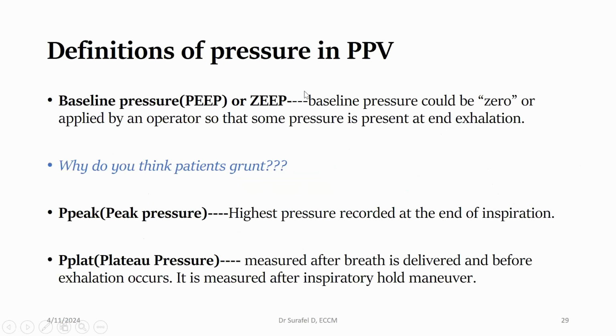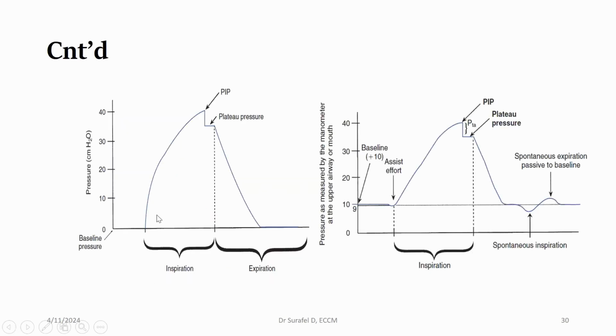Just to tell you the concept. The peak pressure is the highest pressure recorded during inspiration. While the patient is inspiring, the pressure in the patient-ventilator system is building up and reaches a maximum. That is called the peak inspiratory pressure. And if you stop the movement of air with the so-called inspiratory hold maneuver, most of the machines have this button, the pressure will become static because there is no airflow.